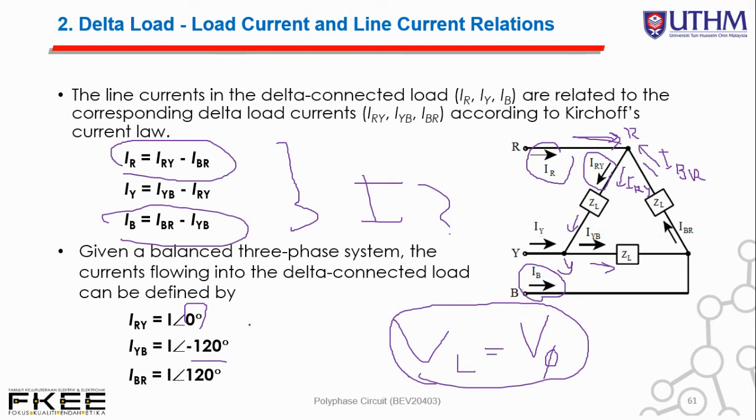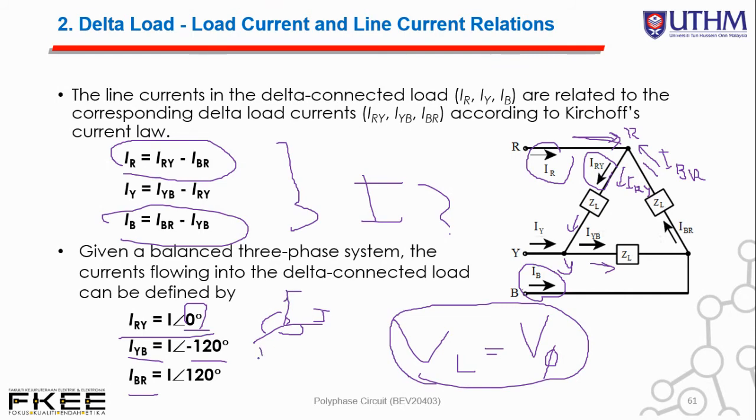That's why we are interested to know what happened in IR, IY, and IB, since they are all different from one to another. Similarly to what we have seen earlier, they are 120 degree apart, 120 degree, 120 degree, and 120 degree, but this time in terms of I.